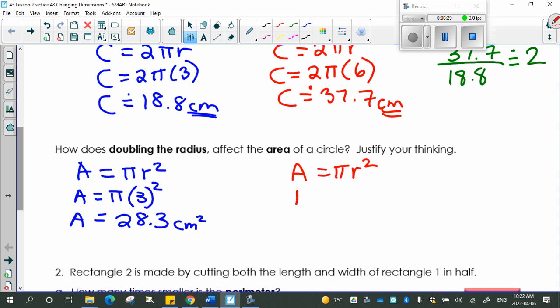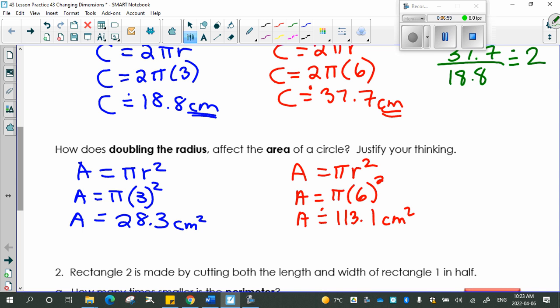So the big circle, the radius was doubled, so it was 6. And if you type that into your calculator, what do you get? 113.1. That's what I got. Centimeters squared.